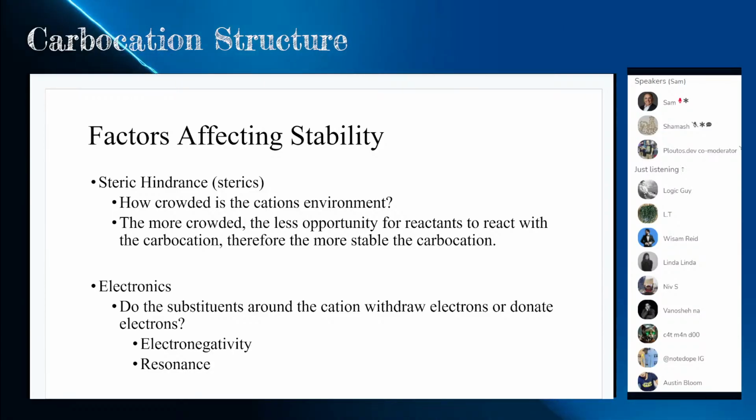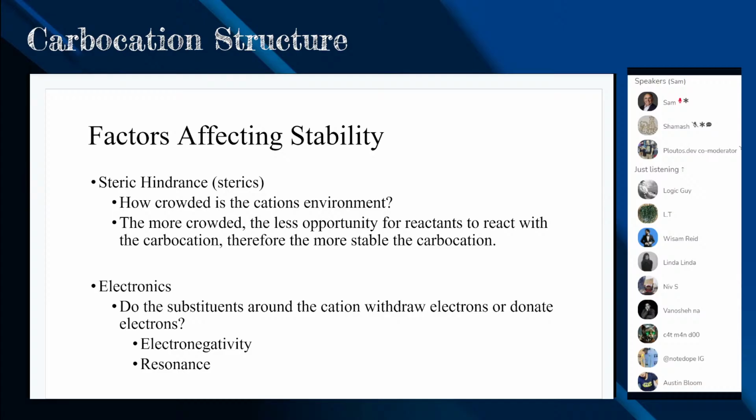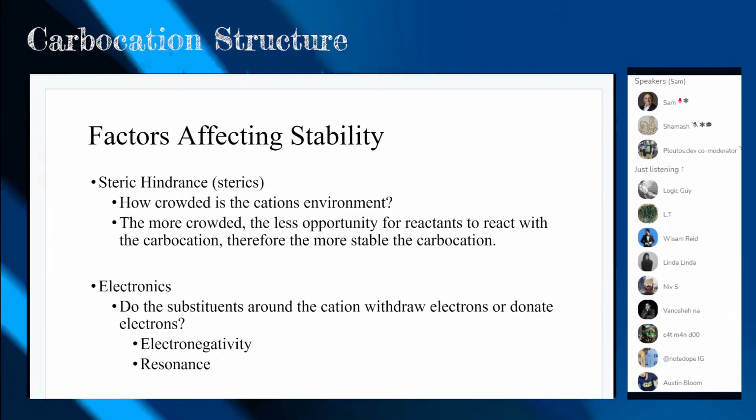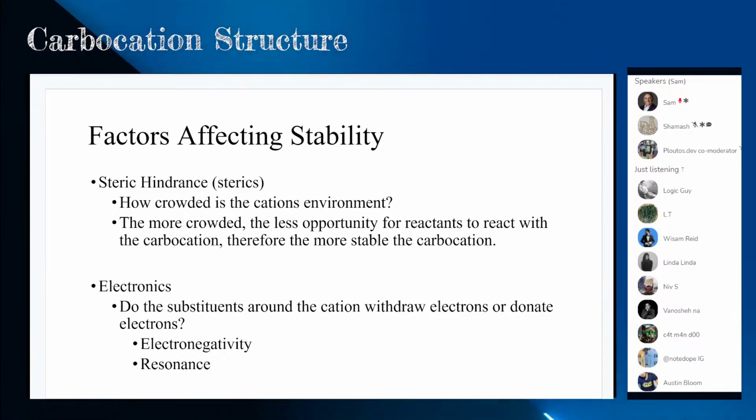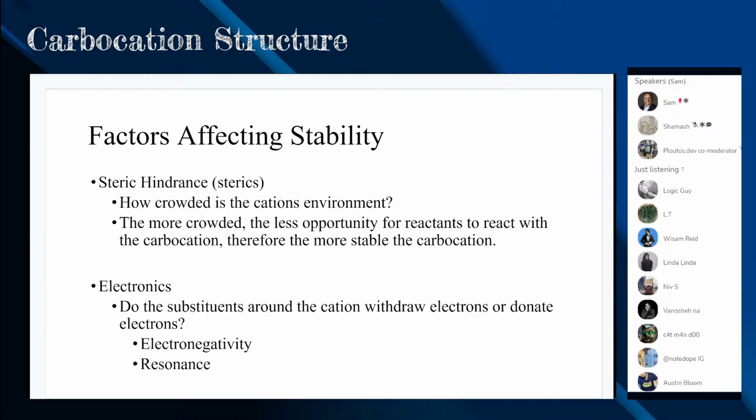So for electronics, I put in electronegativity, I put in resonance, concentration. That also, if you really think about it, is a steric thing, because by having more of it, you are kinetically overcoming the steric hindrance.